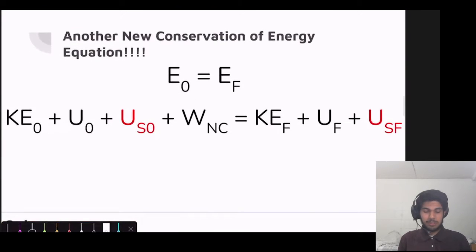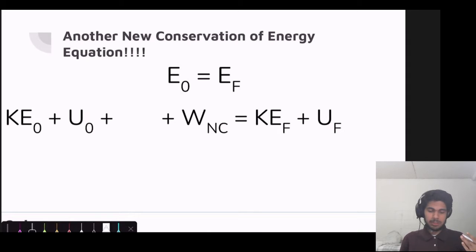So with conservation of energy, we say initial energy equals final energy. And this equation here, without the red terms, is what we saw previously. This is what we're used to. The initial kinetic energy plus initial potential energy plus work non-conservative equals the sum of the final energies.